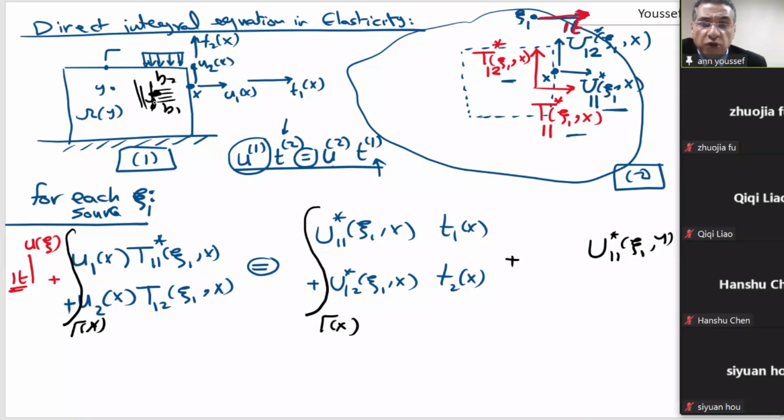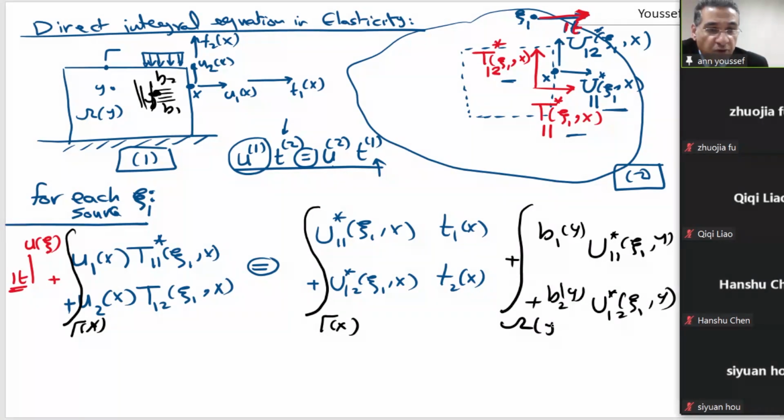Okay, and this is point y. So I have here u asterisk 1, 2 of xi1 and y, and I have to multiply by B1 of y, and I have to multiply by B2 of y, plus, and I have to compute the domain integral over y.